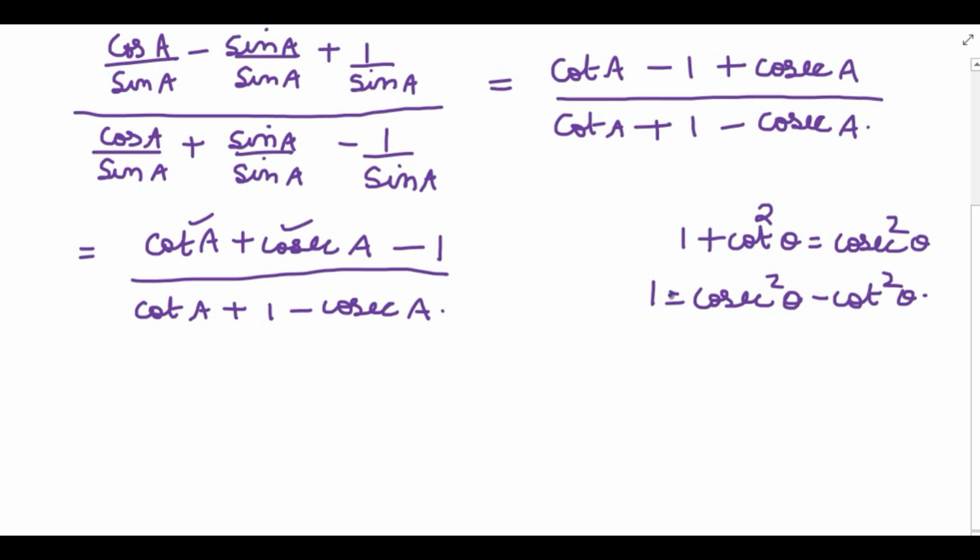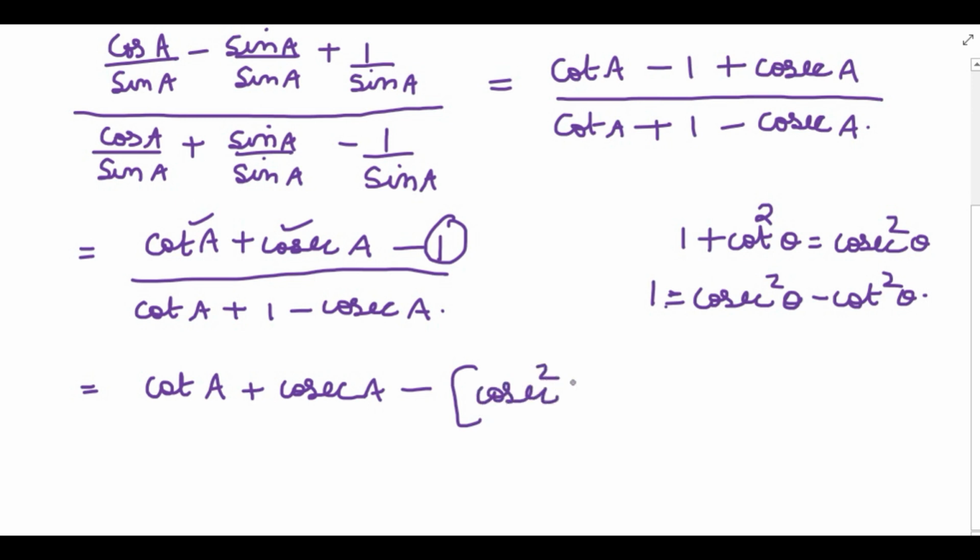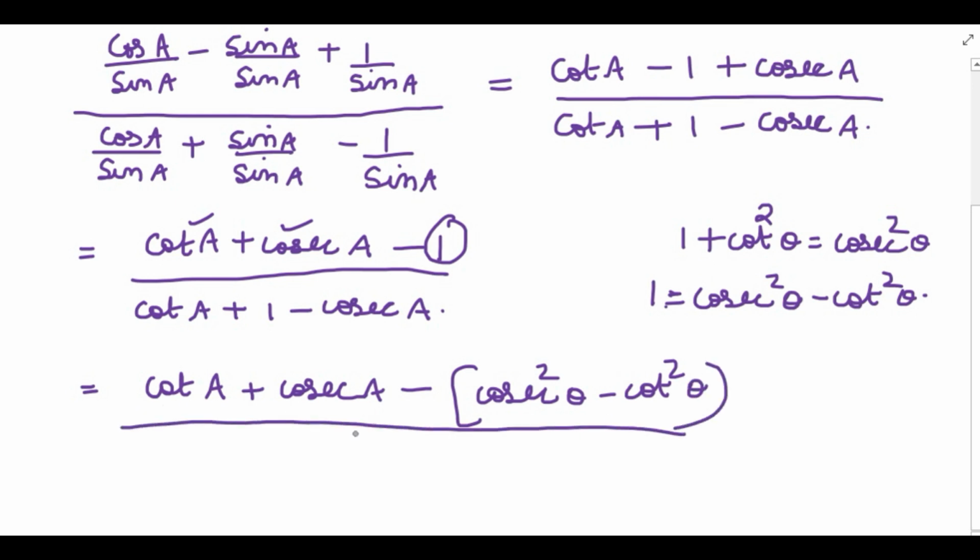So this 1 I am going to replace with cosec square theta minus cot square theta. Which is equal to cot A plus cosec A minus (cosec square A minus cot square A) divided by the denominator, as such I'll write cot A plus 1 minus cosec A.